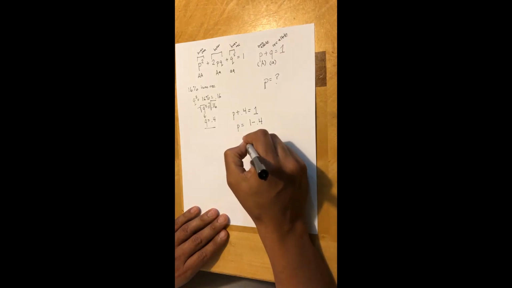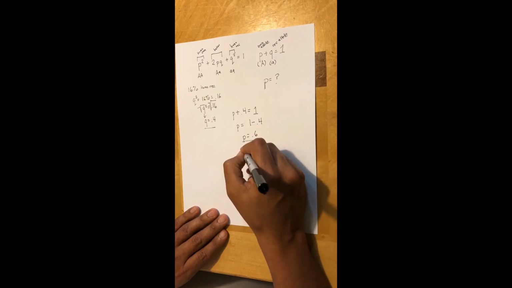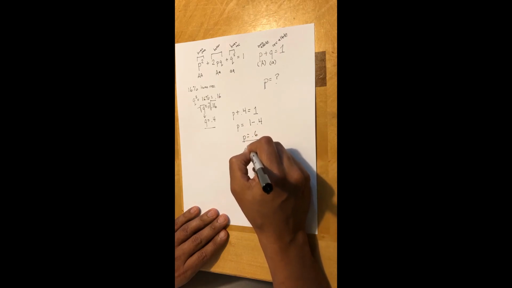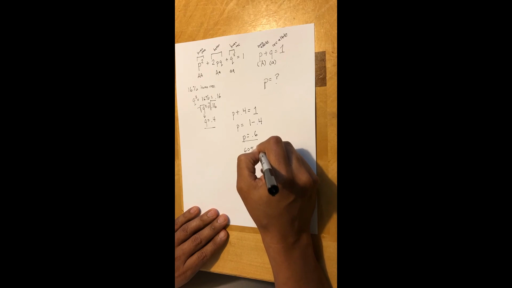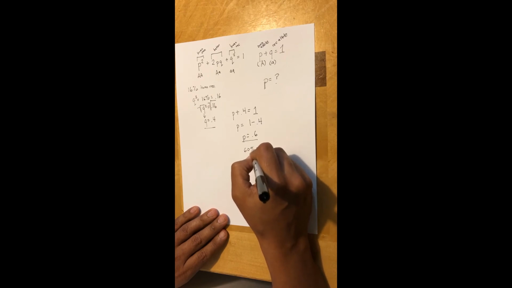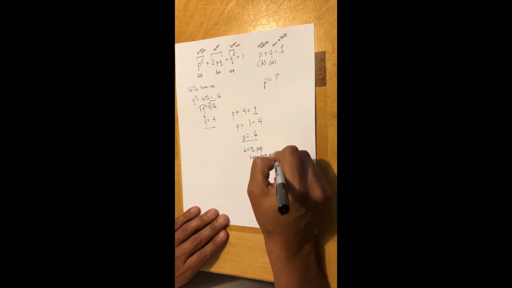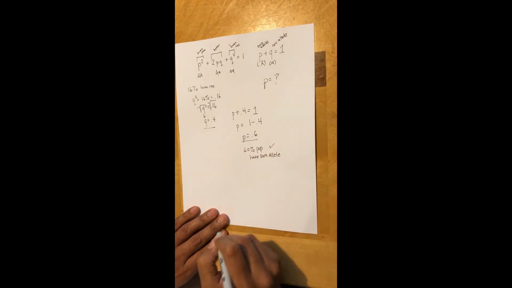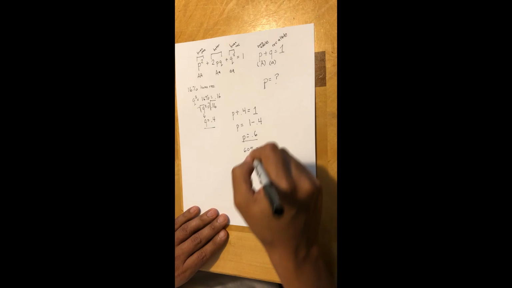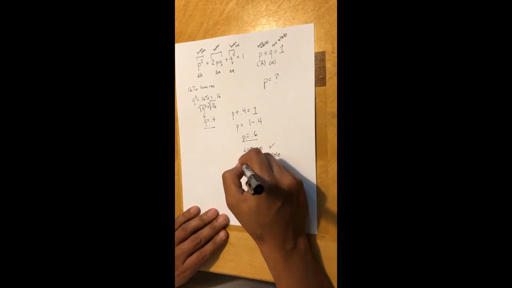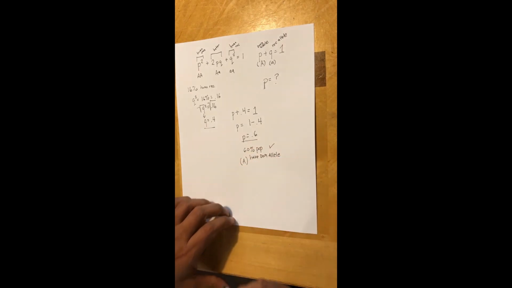Yes, that's our answer. So we could say that 60% of the population have the dominant allele. And that's what we were looking for. So once again, 60% of the population have the dominant allele, in other words, just big A in this case. So that's our answer. So hopefully this helped out.